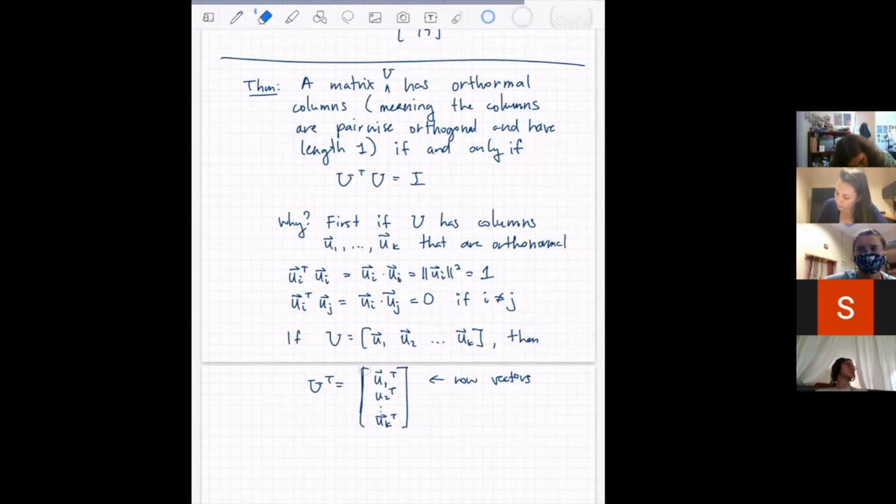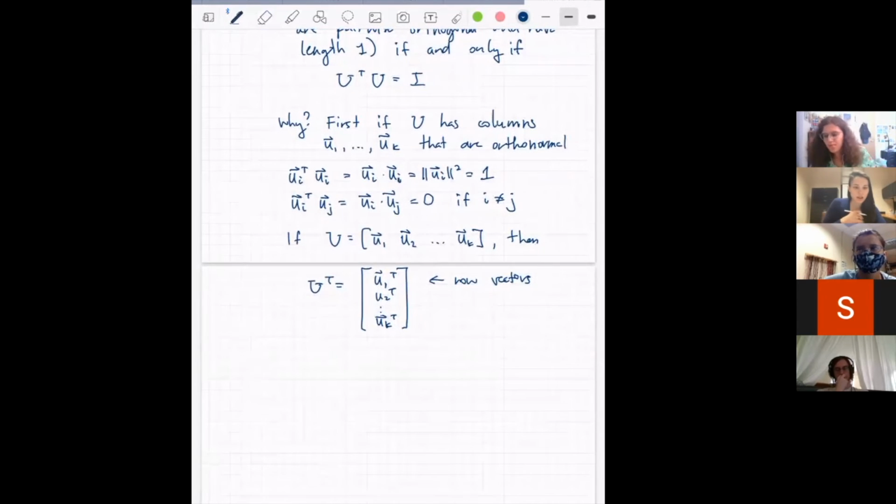Okay. So does it make sense what I'm trying to express there? The rows are these vectors now. Okay. Then we can multiply these two together. We want to see that U transpose times U is equal to the identity, right?